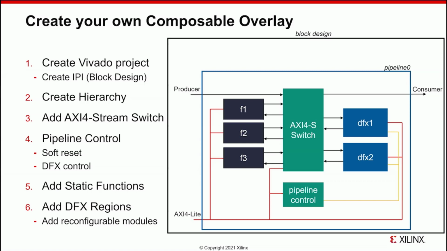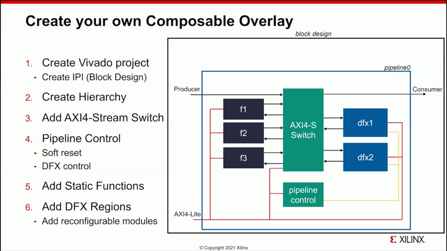In step 4, you add the pipeline control, which is an AXI GPIO IP in charge of soft reset and the FX control. In step 5, you add the static functions and wire them up to the AXI4-Stream Switch. In step 6, you add your DFX regions and wire them up to the AXI4-Stream Switch. And finally, you add the reconfigurable modules within the DFX regions.